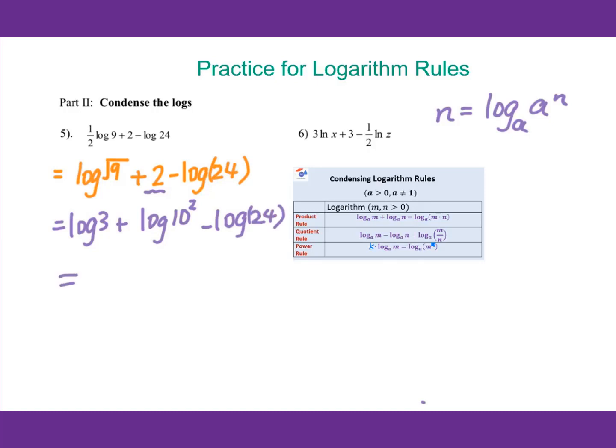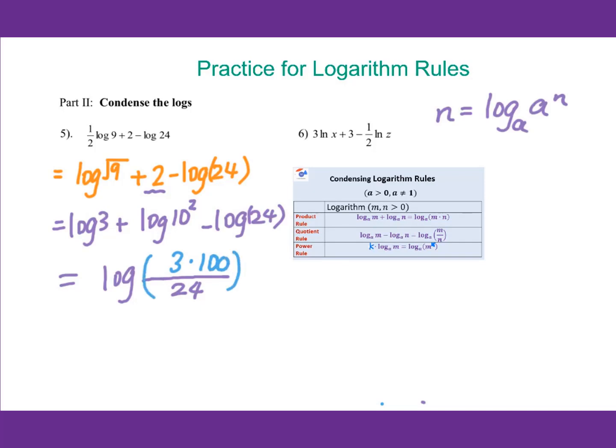Now we're condensing the log. Common log of, we have a division line. 24 goes to the denominator. Subtraction means division of argument. So we got 3 times 10 squared, that means 100.